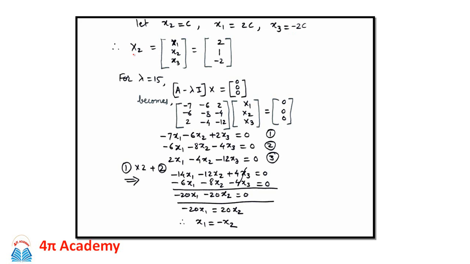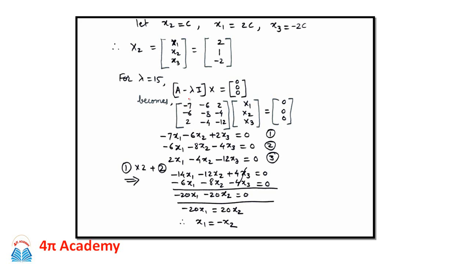Therefore our eigenvector x2, which is x1, x2, x3, will be equal to 2, 1 and minus 2. Then similarly for lambda equal to 15, that is for the third eigenvalue, the matrix equation A minus lambda I into x is equal to 0 becomes minus 7 minus 6 2.